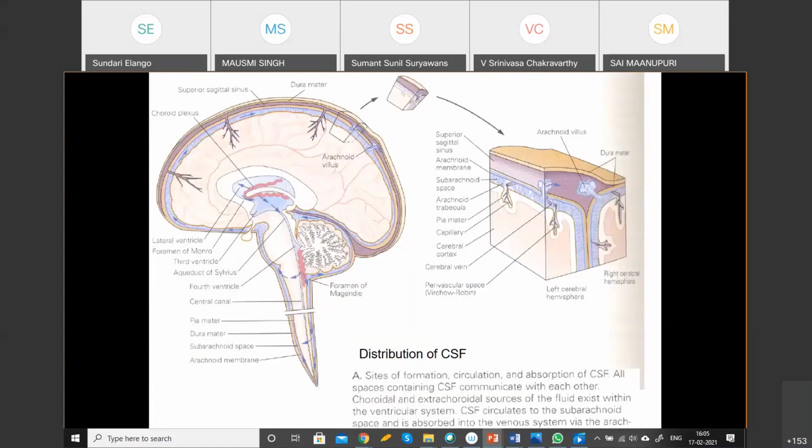Here you can see the brain inside the skull, and around the brain there is this liquid, the blue stuff, which is actually circulating. It goes around the brain, around the cerebellum and spinal cord, and circulates and comes back. And even inside the brain, there are cavities called ventricles.